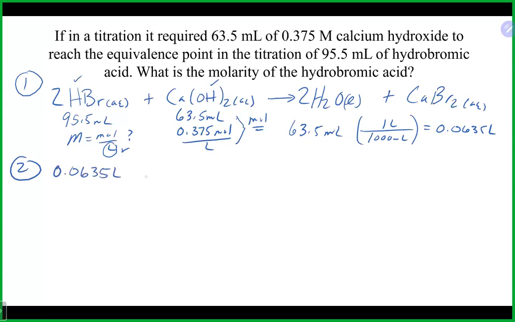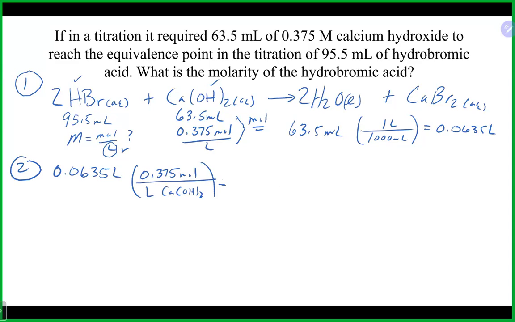We will start with our volume. We will use our molarity of the calcium hydroxide. And that's going to get us moles of calcium hydroxide, so 0.0635 times 0.375.